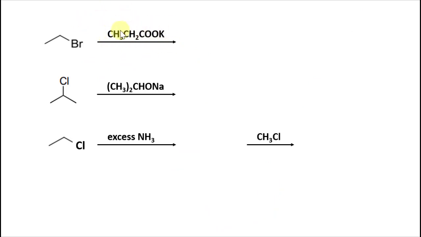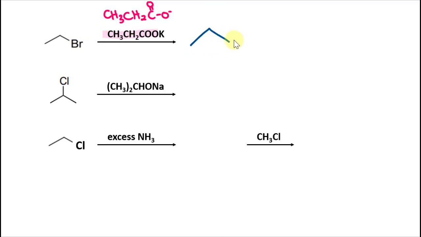Here, our acetate ion, if you open the structure, is CH3, CH2, C double bond O, O-. The oxygen here will attach to the carbon that was originally attached to the halogen group. Let's copy back our structure.